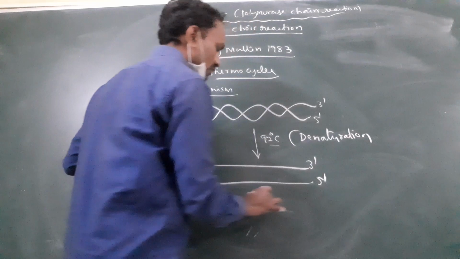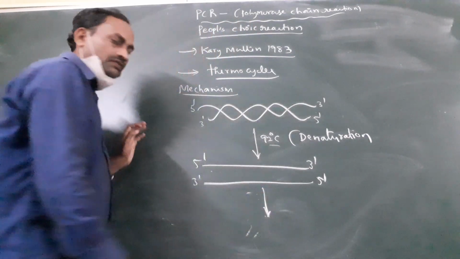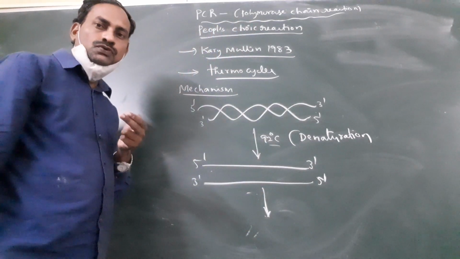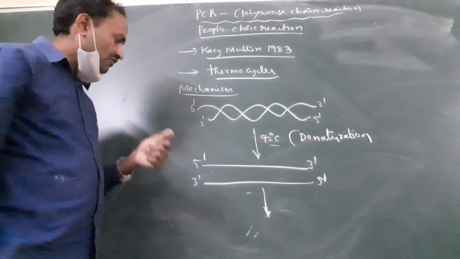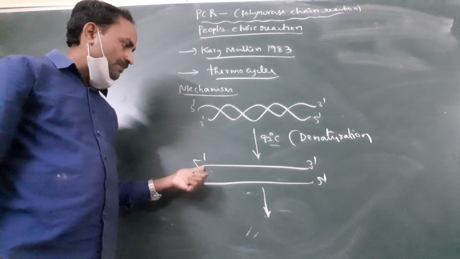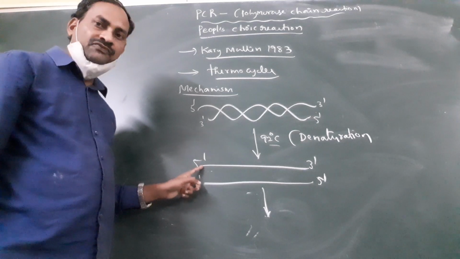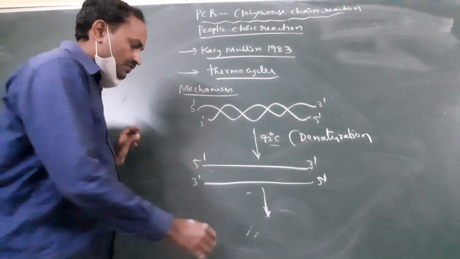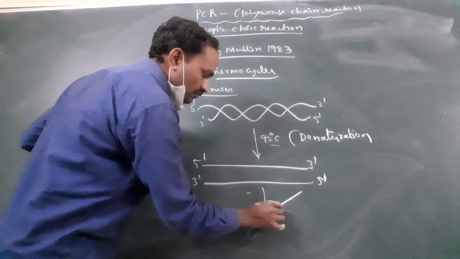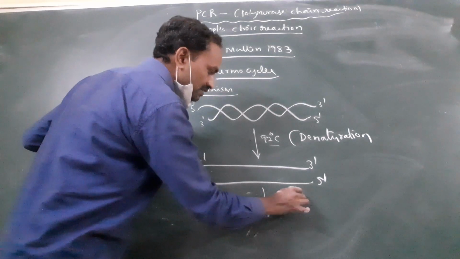After that, we will use oligonucleotide strands which are complementary to the 5' end of the target DNA. So we add small oligonucleotide strands.